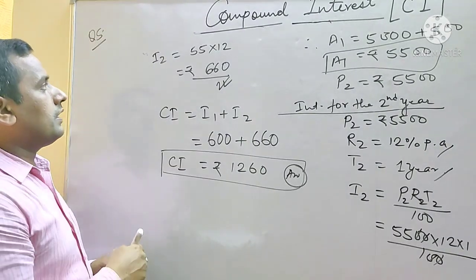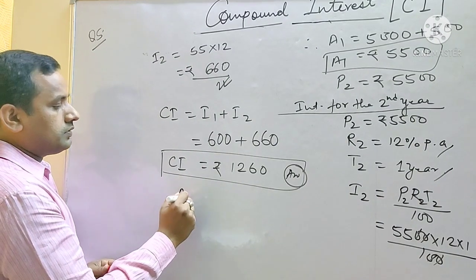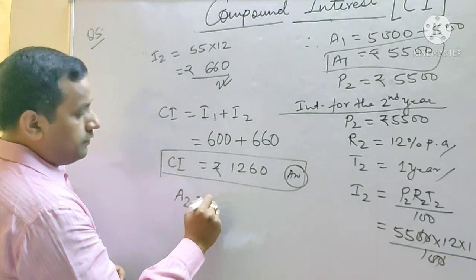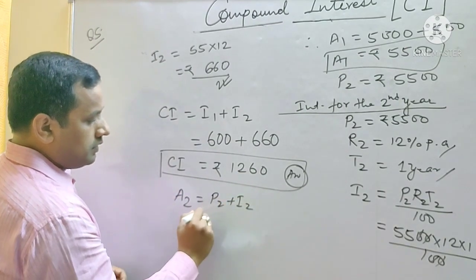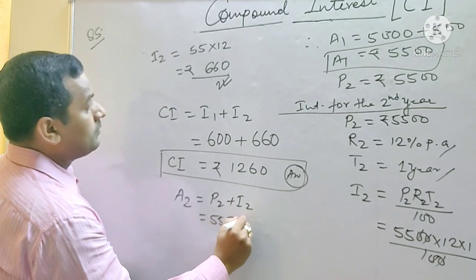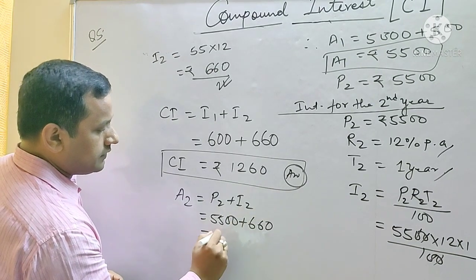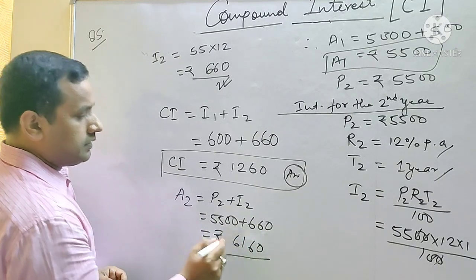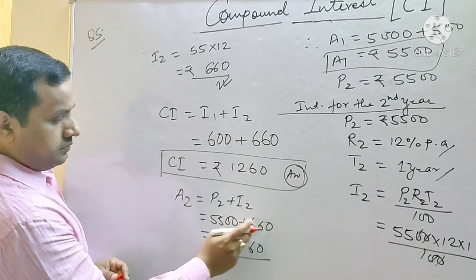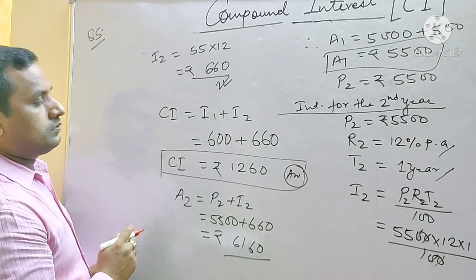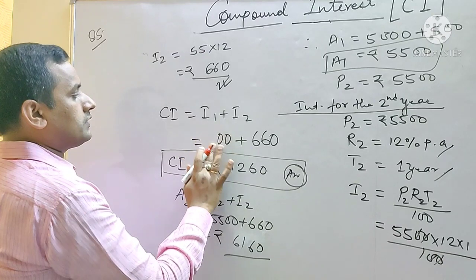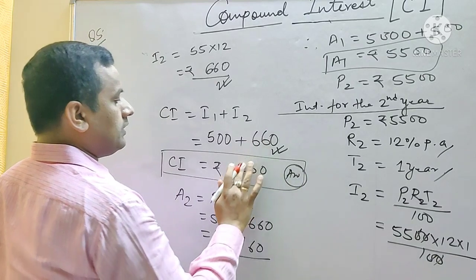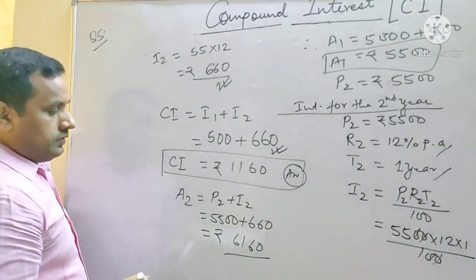Or you can proceed with the final amount. You can find amount 2, which will be P2 plus I2, that is 5,500 plus 660, which gives us 6160. Sorry, the interest of the first year was 500 and the interest of the second year is 660.